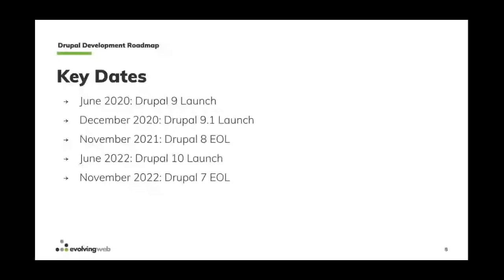And in November of the same year, we expect the Drupal 7 end of life. So Drupal 7 will get its end of life after Drupal 8, which sounds kind of weird, but that's because upgrading from Drupal 7 will take a lot more effort than upgrading from Drupal 8.